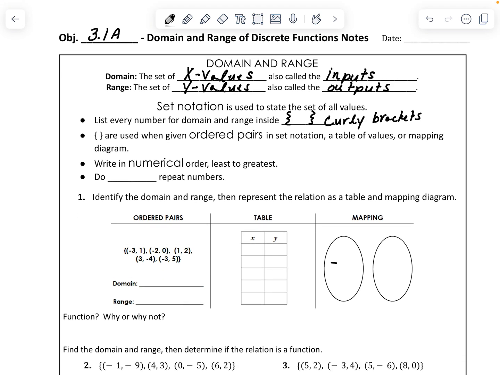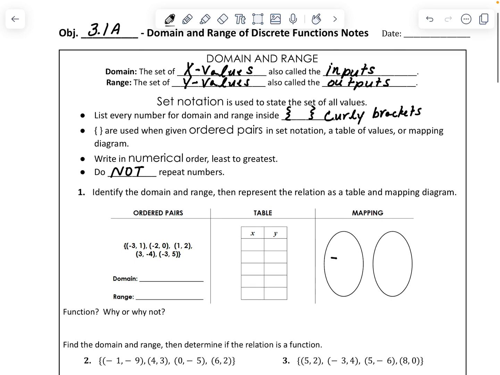Curly brackets are used when given ordered pairs in set notation, a table of values, or mapping diagram. You write them in numerical order from least to greatest, and do not repeat numbers. In other words, if you have, for example, -3 twice in your y values, you only write it once.